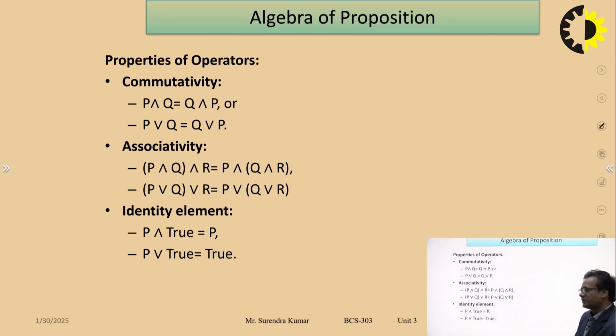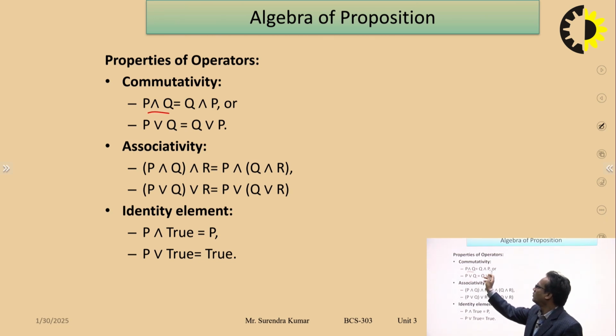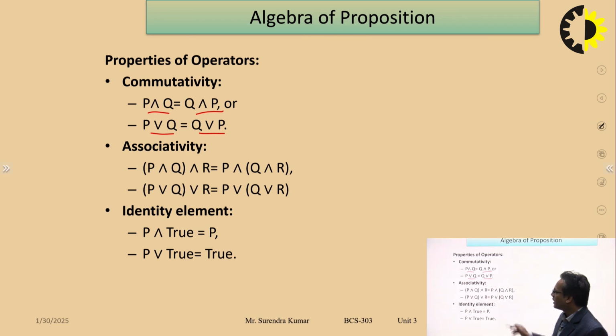Now, there is some algebra of propositions. You have already studied algebra; the same propositional algebra is here. Commutative property means P and Q is equivalent to Q and P, and P or Q is equivalent to Q or P. The associative property applies to the AND operator and OR operator. Identity means P and true will be P, depending on the value of P, but P or true will always be true.